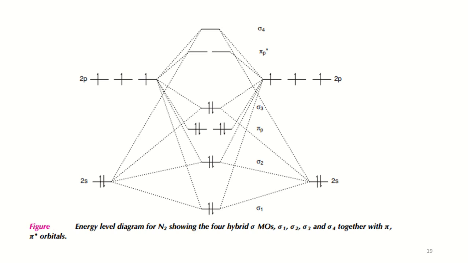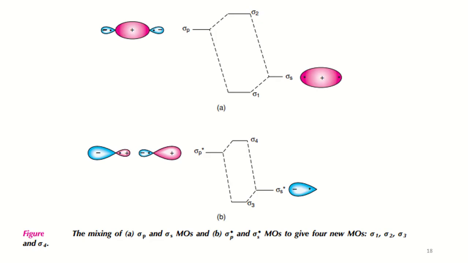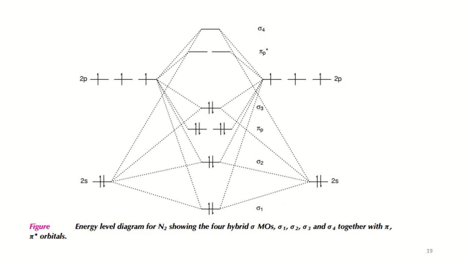The sequence of energy levels is now different to that shown previously for fluorine and oxygen. The difference is that the sigma 3 orbital has higher energy than the pi p orbitals.